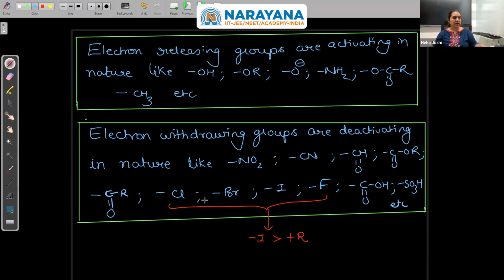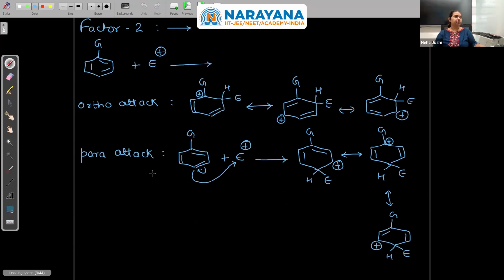These halogens are special cases where minus I is greater than plus R. Otherwise, most of the time it is the resonance which dominates.